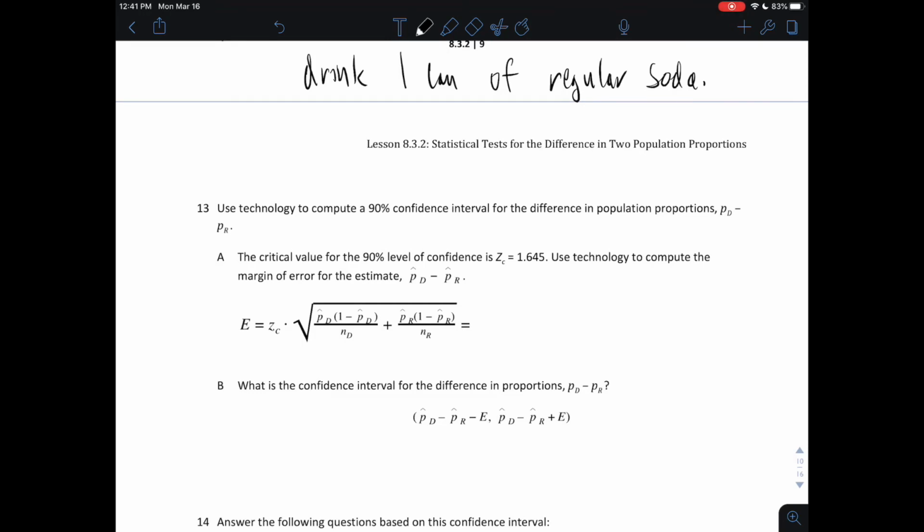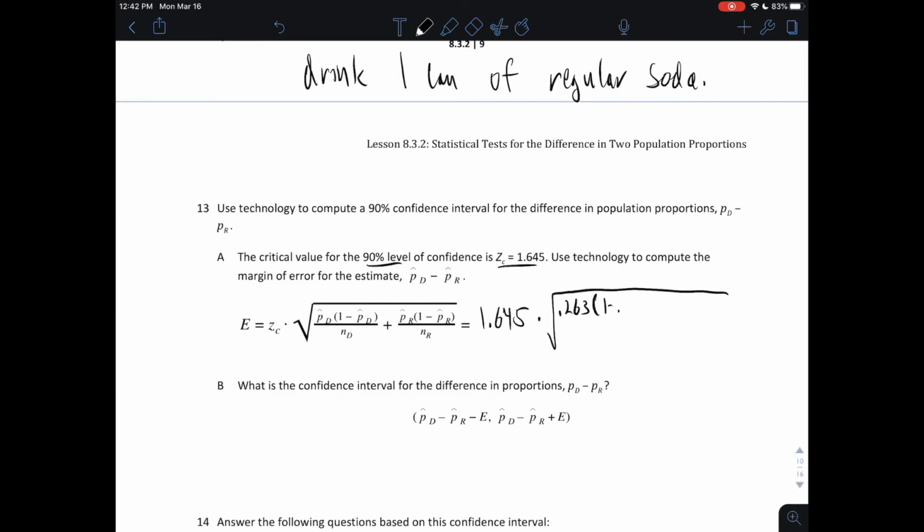So here we would take our Z-score, 1.645. This is the one that's given for the level of confidence. And then multiply by this estimated standard error, the square root of p hat d times 1 minus p hat d, all divided by nd, plus p hat r times 1 minus p hat r, all divided by nr. So putting all of that into the formula, p hat d, we said before, was 0.263.